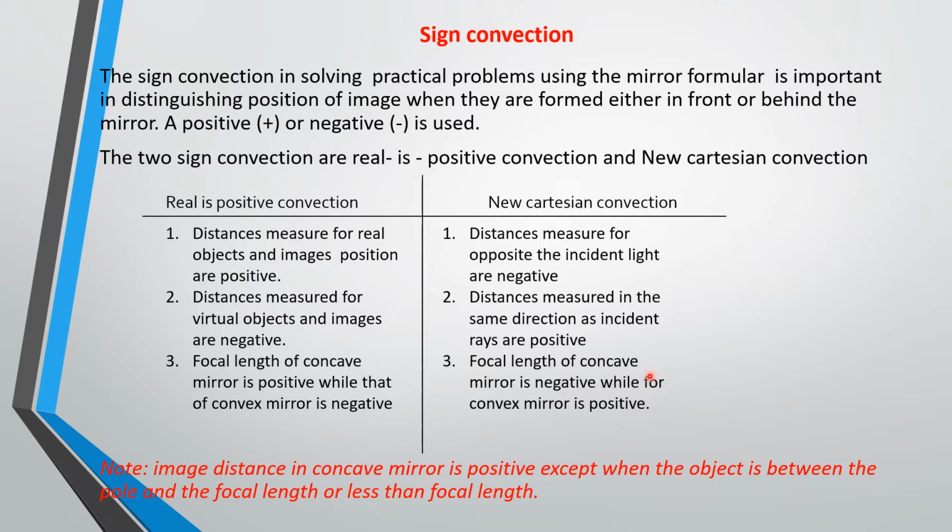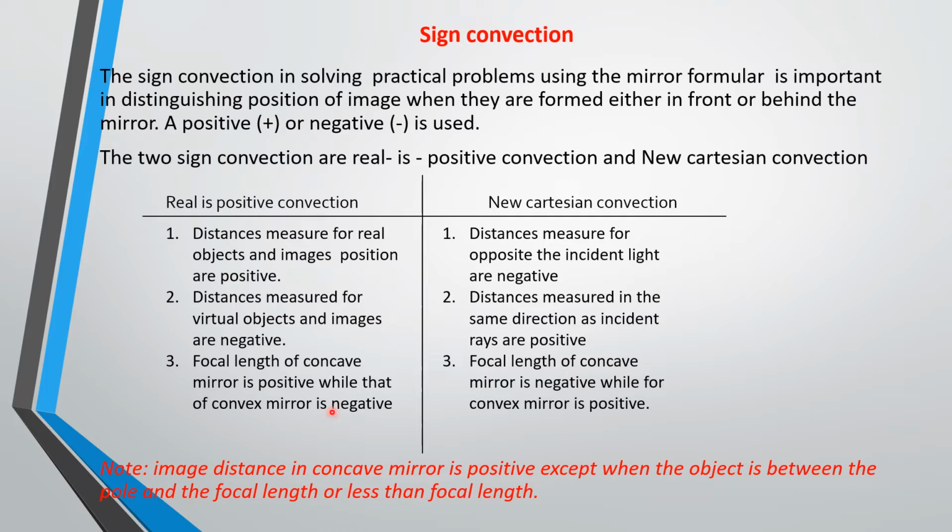For simplicity and ease of understanding, it is good that you understand one of the conventions and use it very well. I prefer that you get yourself acquainted with the real is positive convention, except the question says use new Cartesian convention.